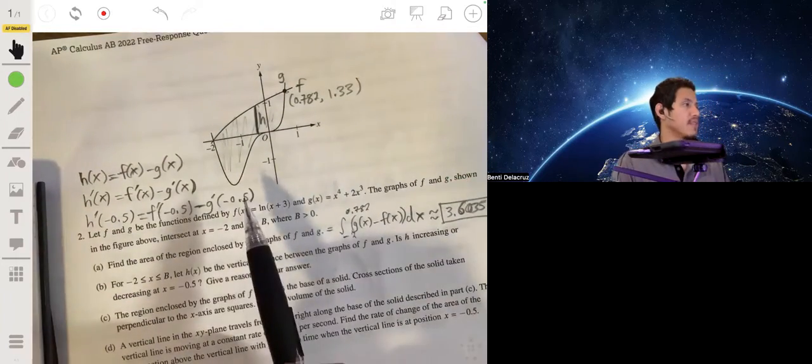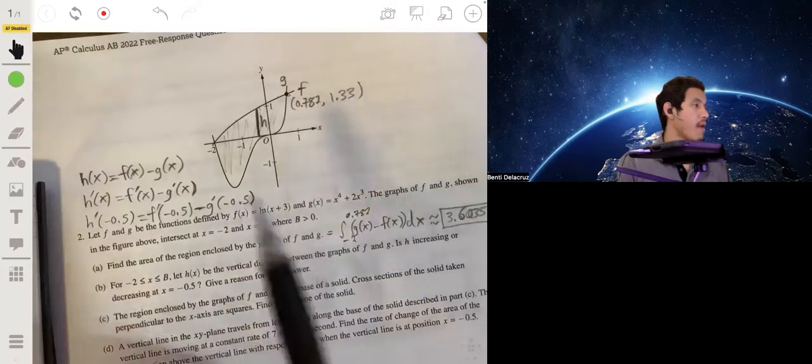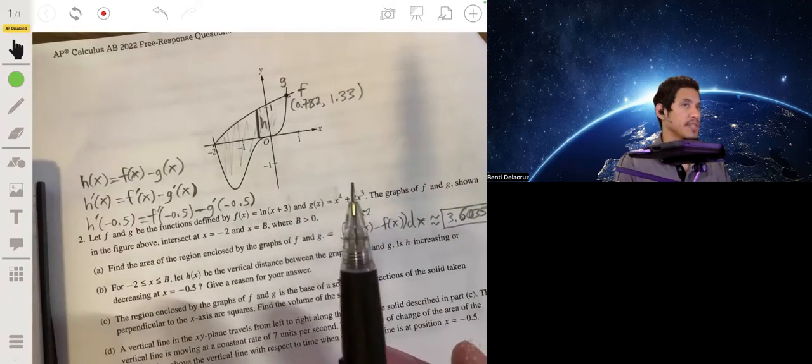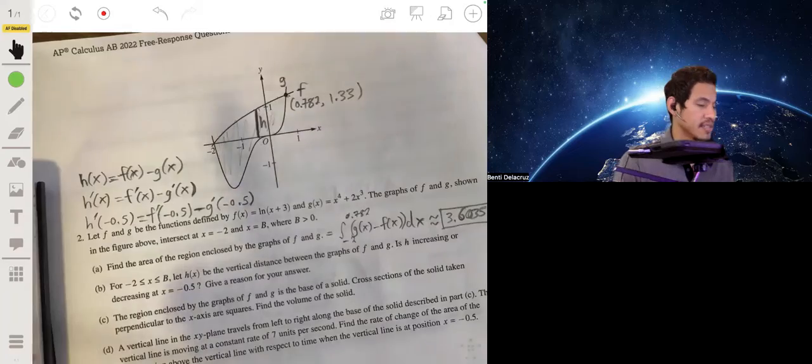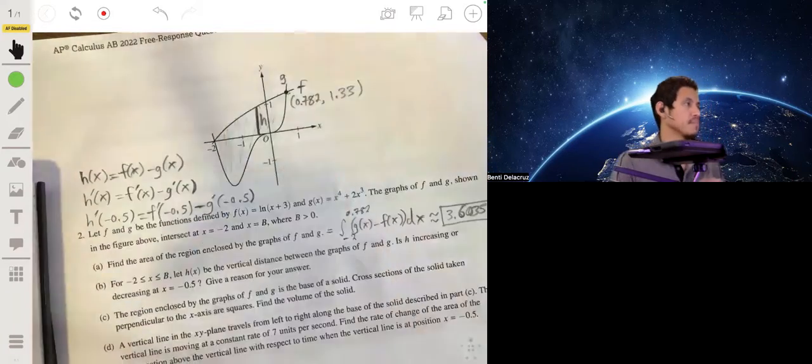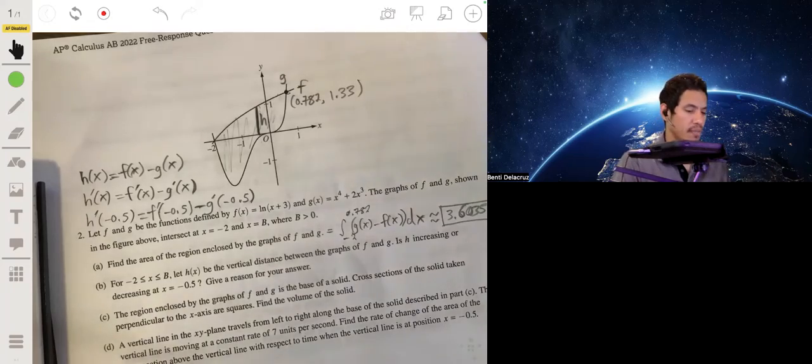Now, if this ends up being a negative number, that means that the distance is decreasing. If this ends up being a positive number, that means h of x, the distance between those two functions, is increasing. So negative decreasing, positive increasing.